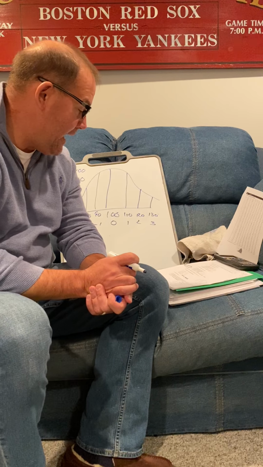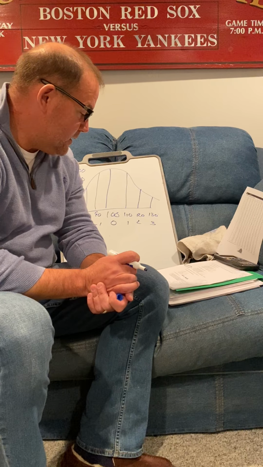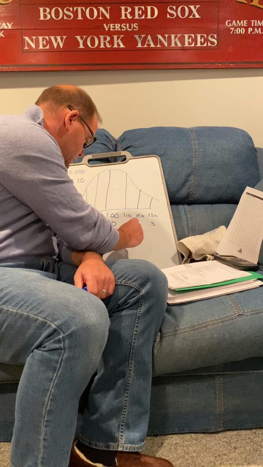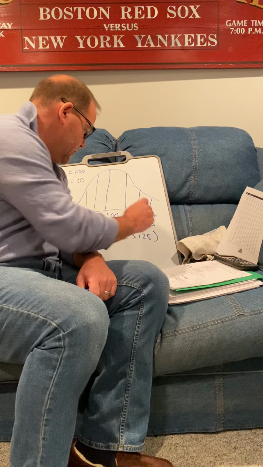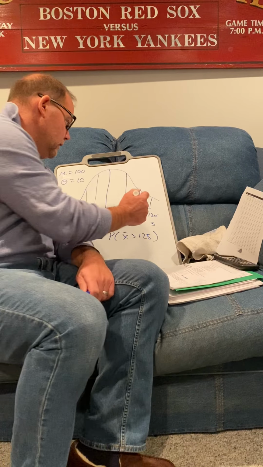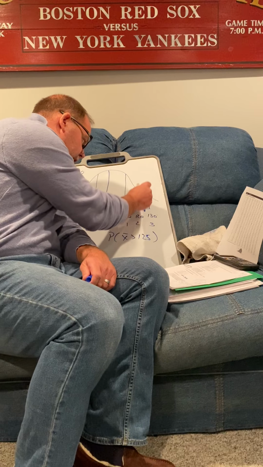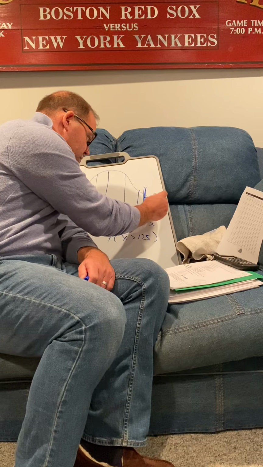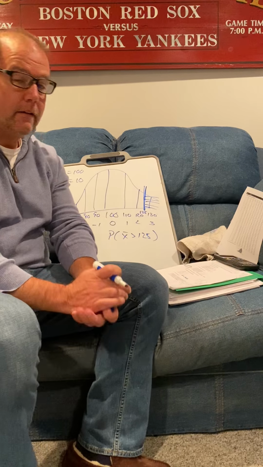Now the question we're asking here is, what's the probability that x bar is going to be greater than 125? We know 125 is going to fall right between 120 and 130, and we want the probability that we're going to be greater than that.